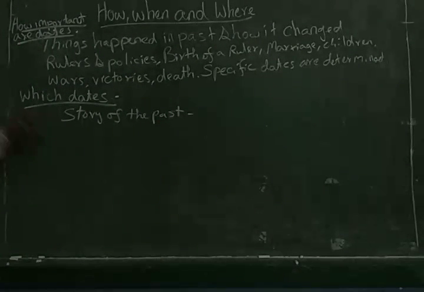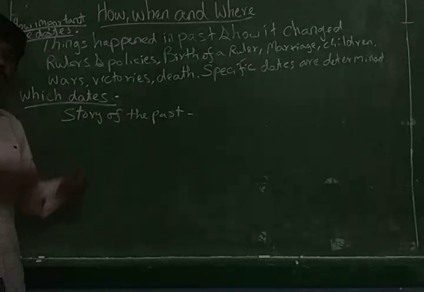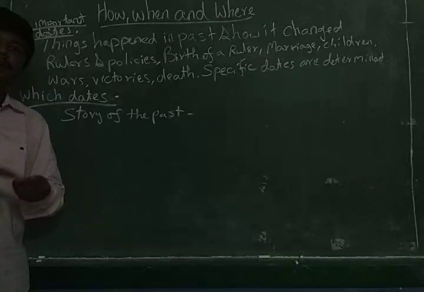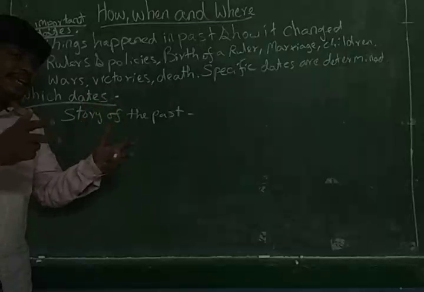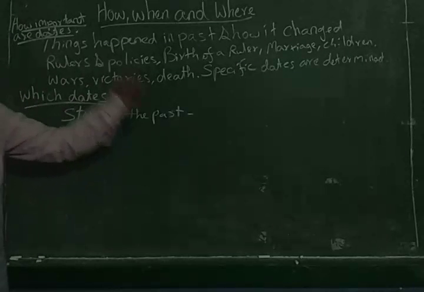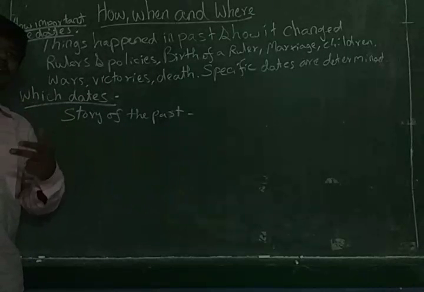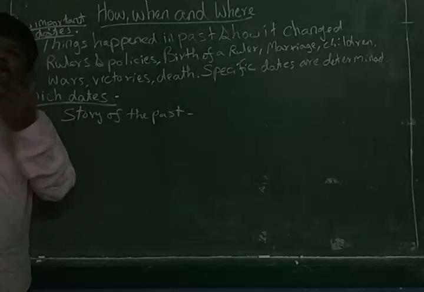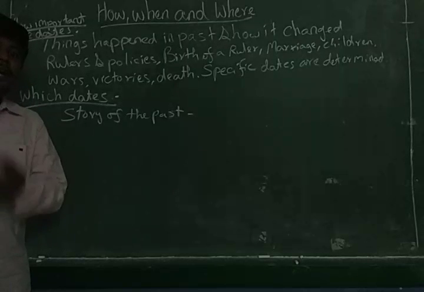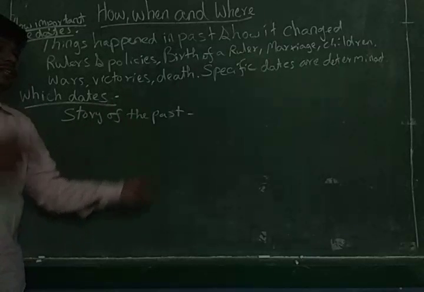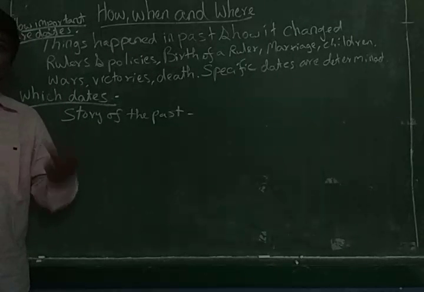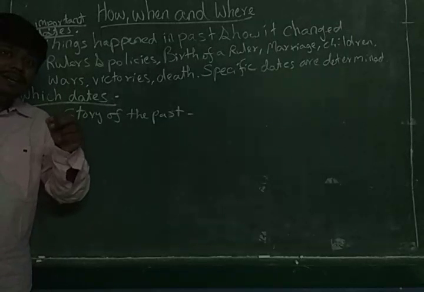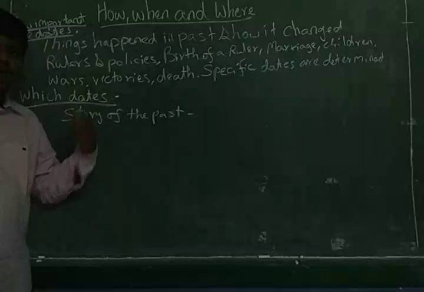So here, if I am saying the story of Rajaraja Cholan, or the story of Akbar or whoever it is, if I am saying the particular date when he was born and the particular year or date when he went to any war and got victory, and these things happened by this year, this date, then you will think it is a true one.